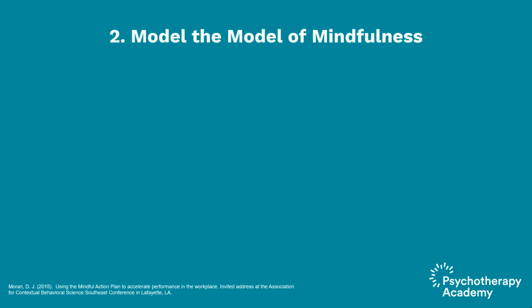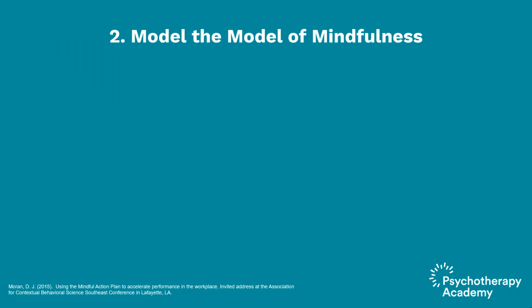The second idea is that being able to effectively model flexibility will require your own mindfulness skills. If you are going to effectively respond to your client, it will help a great deal if you work on contacting the present moment as regularly and fluidly as possible. You will once again be called on to model the model.